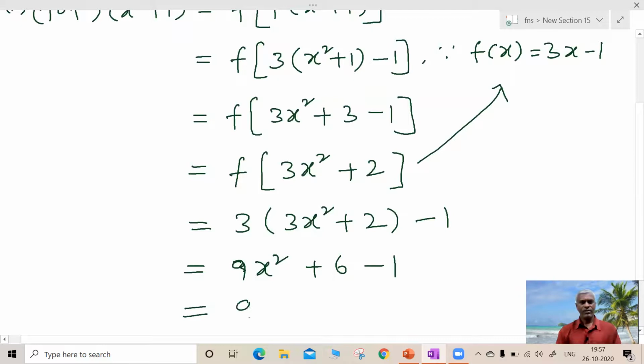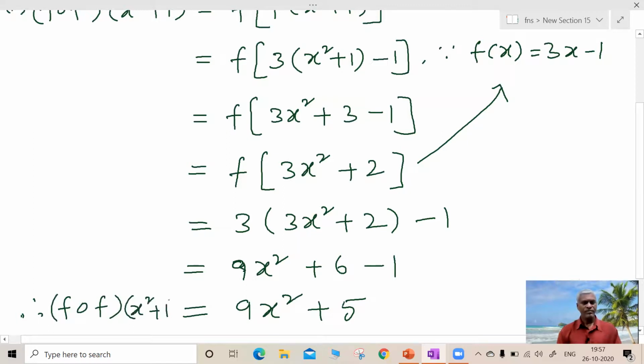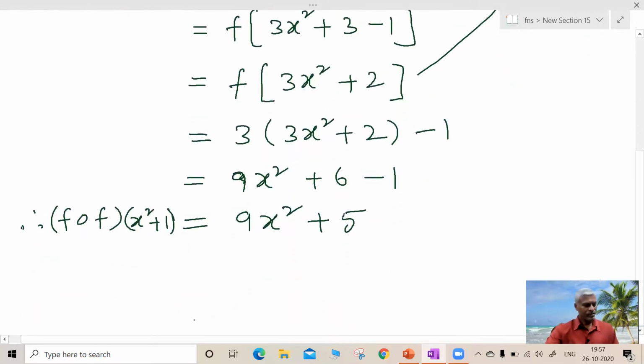So this is equal to 9x square plus 5. So this is f circle f of x square plus 1, which is 9x square plus 5.